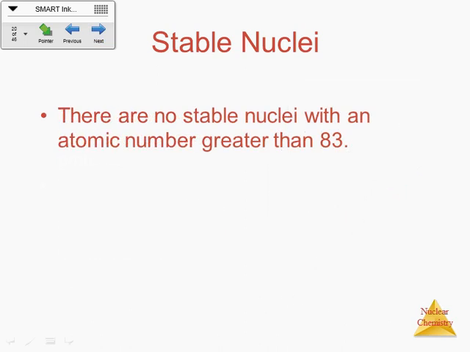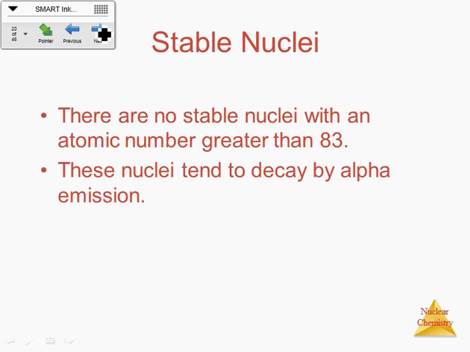Hopefully that makes sense. Another thing that makes a nucleus unstable is if it's too big. On the periodic table, anything with an atomic number greater than 83 just starts to get too big, so at that point they're going to start to decay.